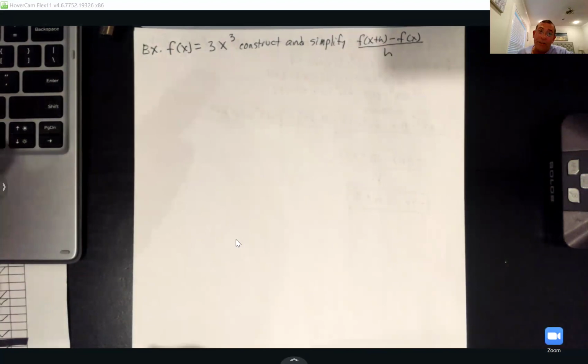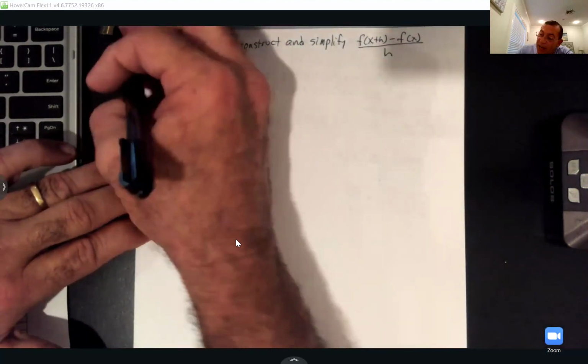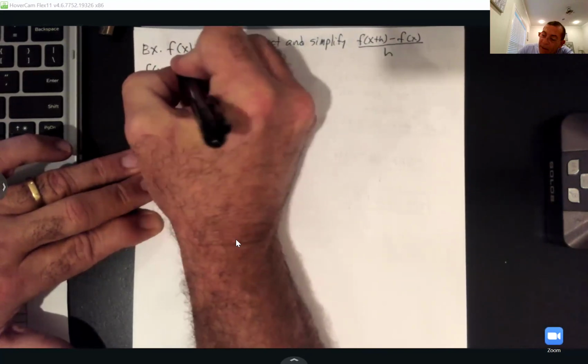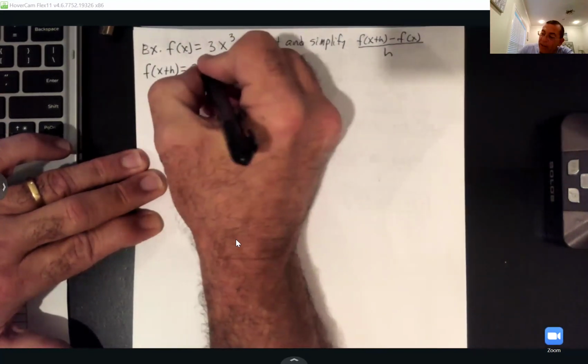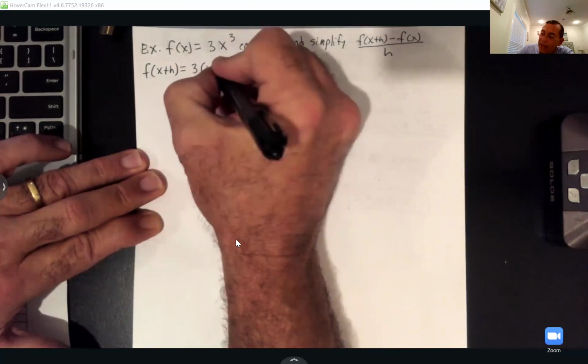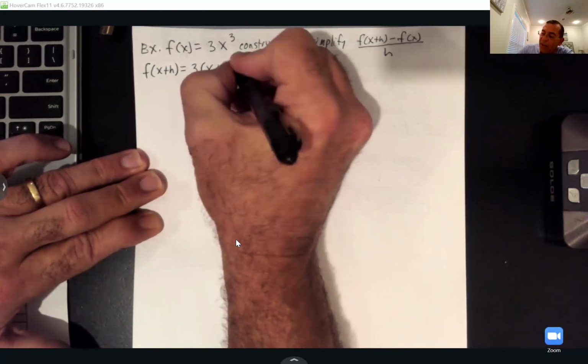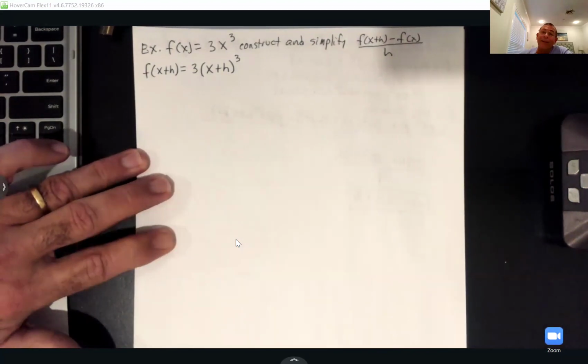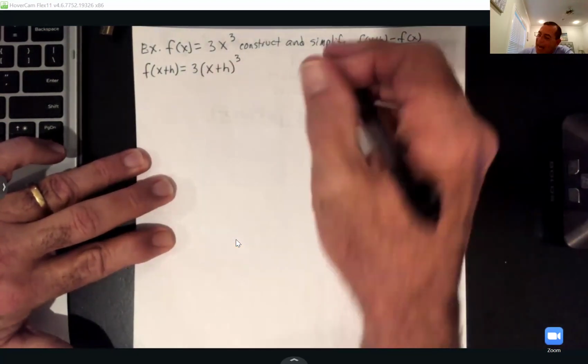All right, y'all. Y'all know this is about to be a fun one because f of x plus h is going to equal 3 times x plus h to the third. So let's figure out what this equals on the side over here.